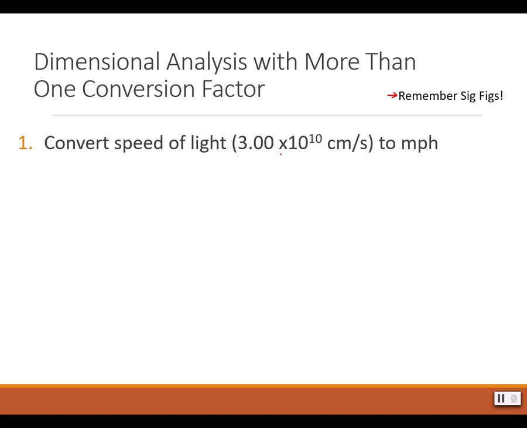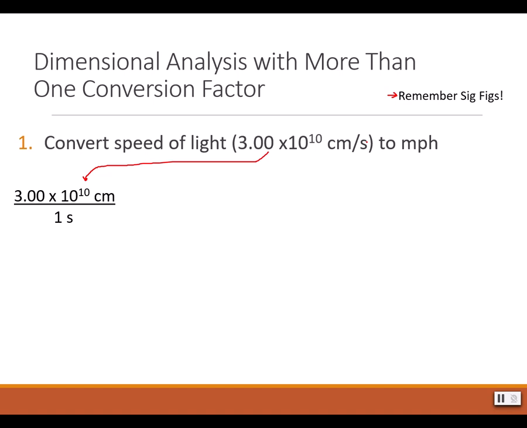As always, I tell you to write down the number and unit of the given. In this case, the given is 3.00 times 10 to the 10 centimeters per second. The way that it's written here in this first typeset, the slash is to the side just for ease, but when you write down your givens and your conversion factors, make sure you clearly show that you have a numerator and a denominator.